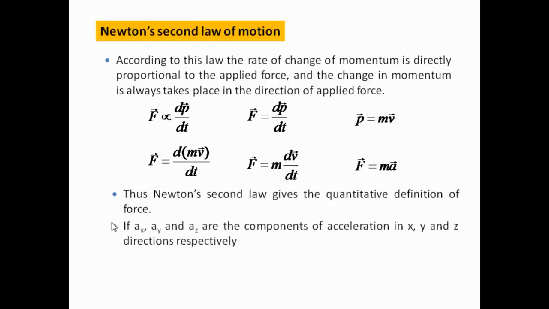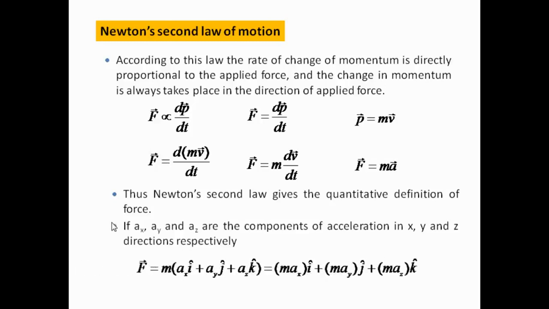If ax, ay and az are the components of acceleration in x, y and z directions respectively, then F is equal to m(ax i cap plus ay j cap plus az k cap), or m ax i cap plus m ay j cap plus m az k cap. Here i cap, j cap and k cap are the unit vectors along the x, y and z directions respectively.